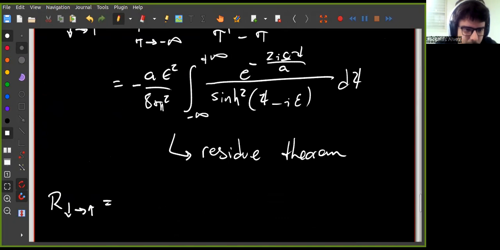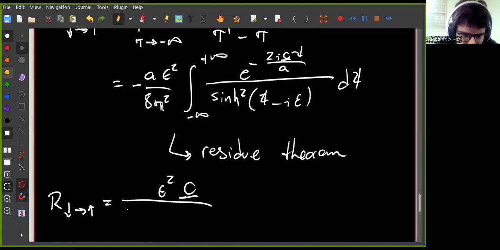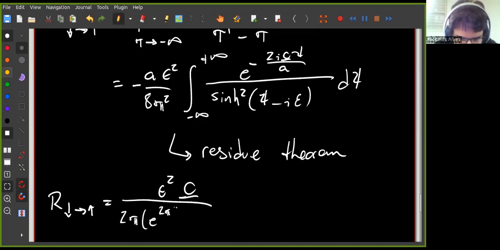And at the end of the day, we get that the rate of transition, the rate of excitation, is given by epsilon squared omega over 2 pi e to the 2 pi omega over a minus 1.